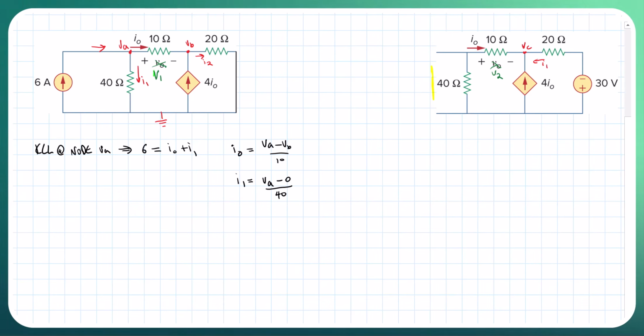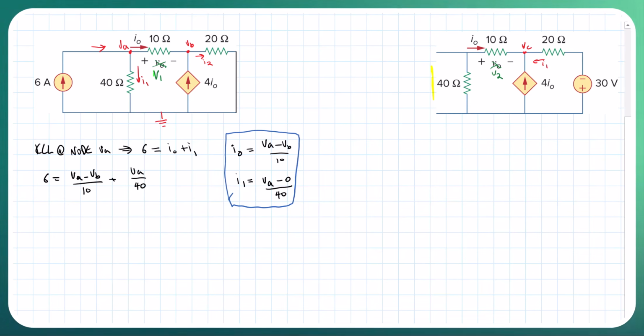So let's just keep that on the side because we're going to utilize that to simplify this problem. Then we can substitute those in there. We got 6 equals VA minus VB over 10 plus VA over 40.